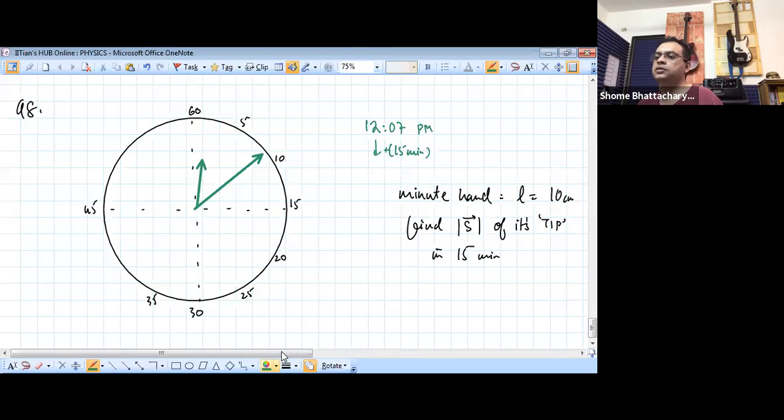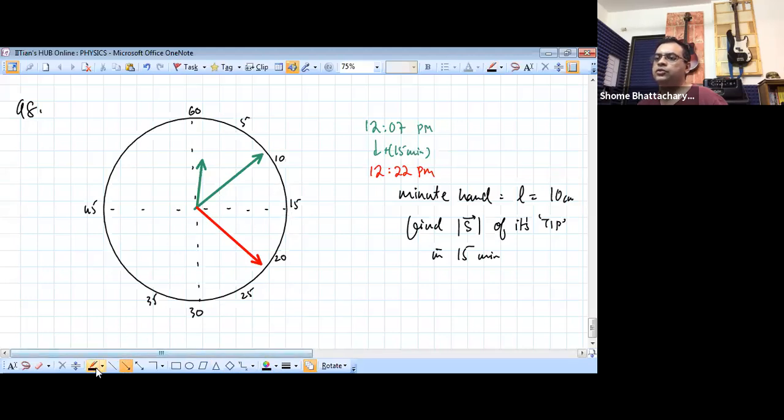So the time is now becoming 12:22 p.m. So as it goes like this, the minute hand moves to which point now? The minute hand moves to here. The 22 will be somewhere here. But more importantly, the exact angular displacement of the minute hand you will see will be 90 degrees.